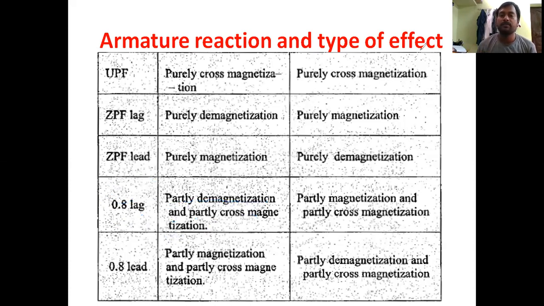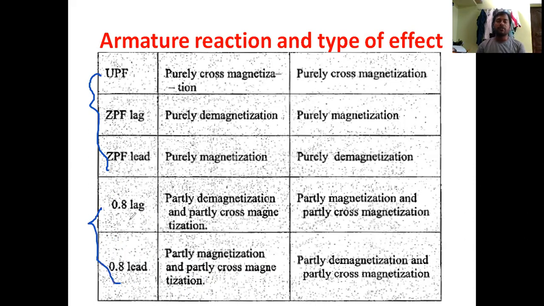And in case of a leading load, it is simply R minus jXC. R is nothing but partially cross magnetization effect, and XC is nothing but leading, that's why partially magnetization effect. So these three cases are common, but these two are the extra cases.